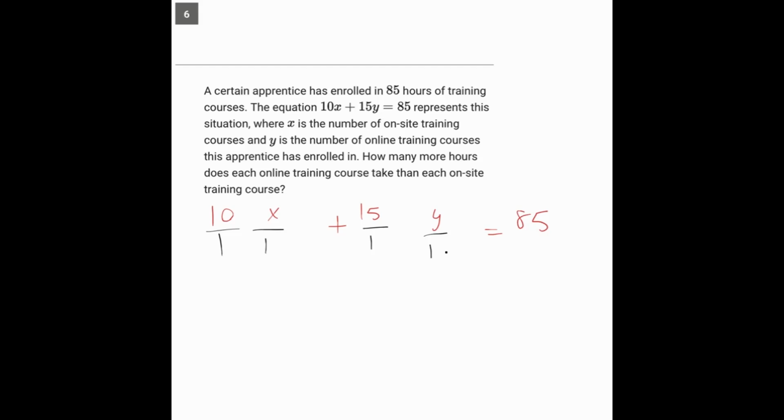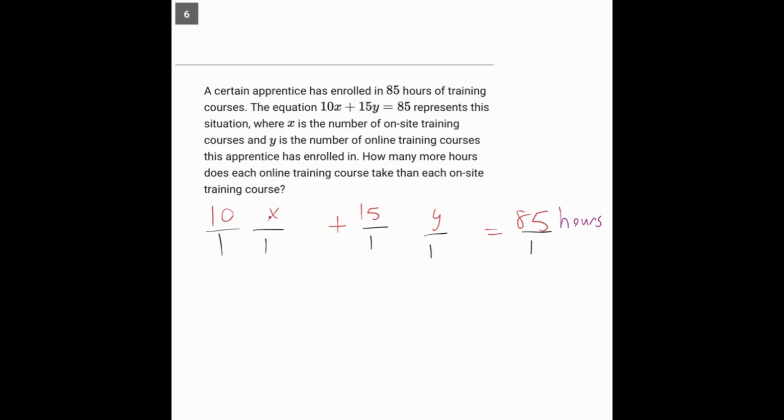So any number is really itself over 1. And some of these items in this word problem have units attached to them. In other words, we know that 85 is the number of hours. And we know that X is the number of courses.